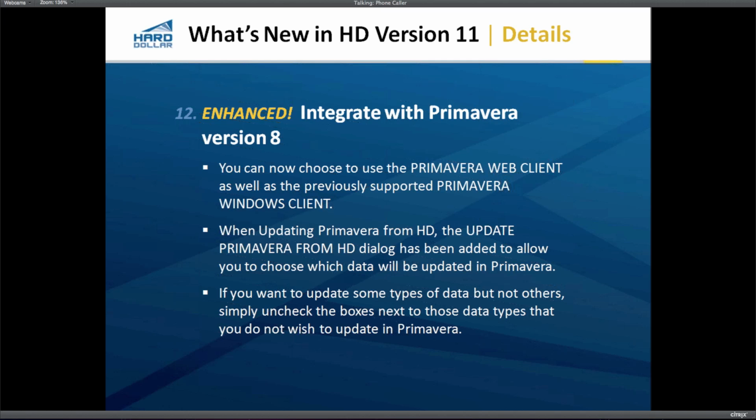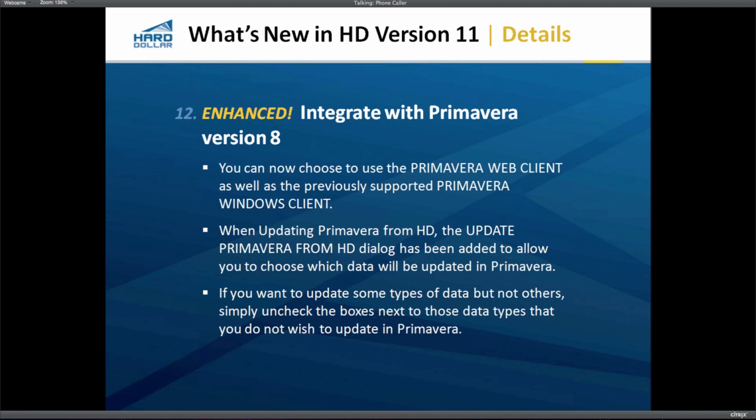Okay, and here's what happened. In order to work with Primavera version 8 and forward, because of changes they've made in their system, there were changes that we needed to make in terms of how we interact with Primavera. We made the decision we're not going to have two different user interfaces and two different methods of interacting with Primavera. We're going to have one.